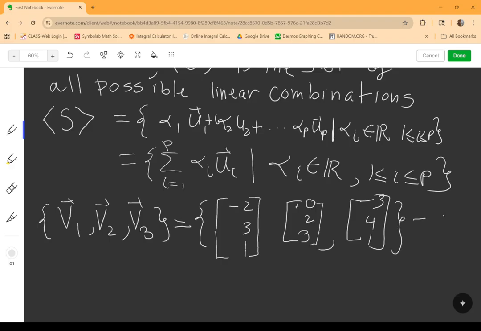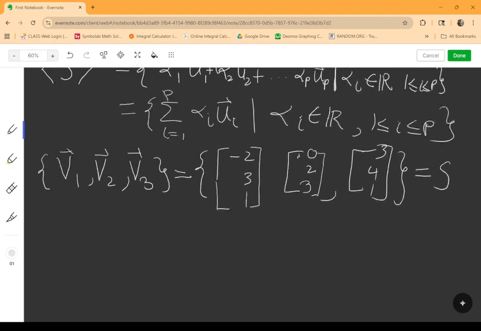So we'll call this set S. And now a linear combination.